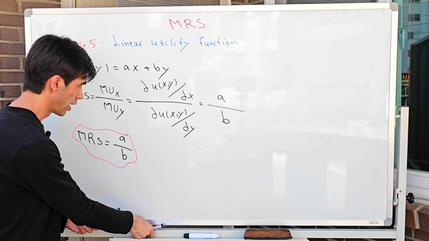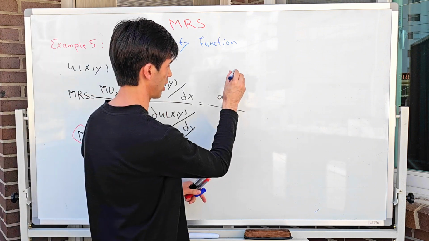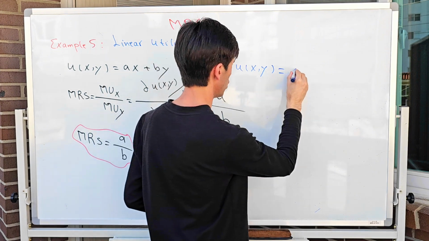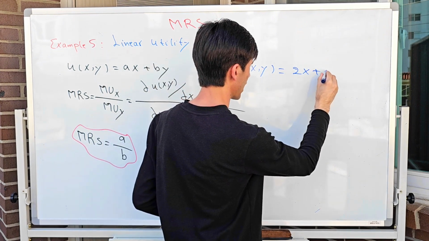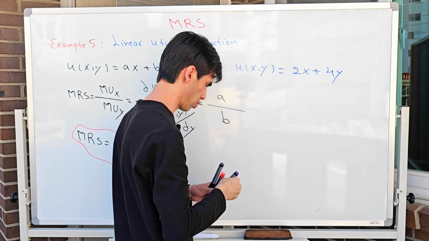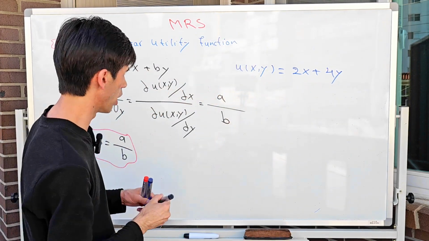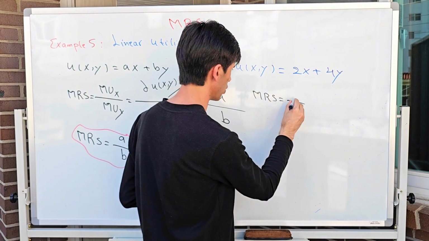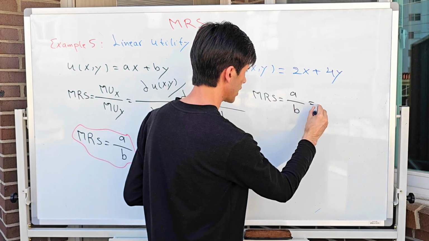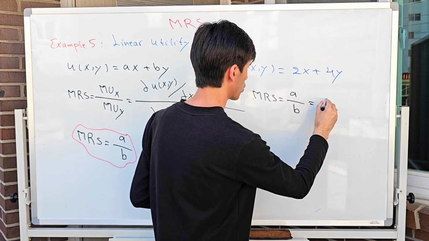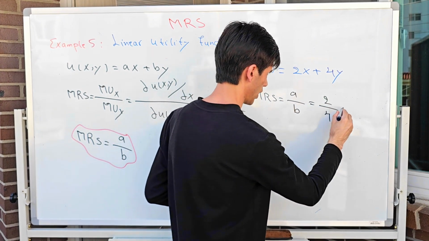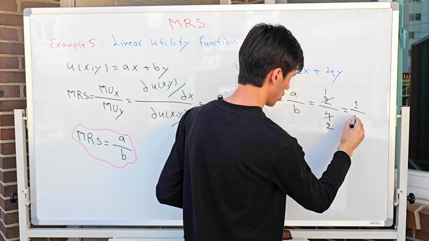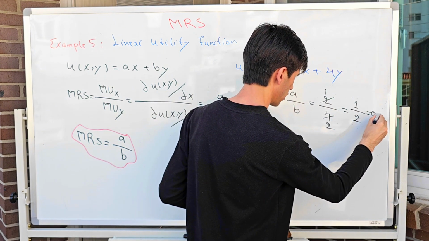For example, if we have our utility function such that u(x,y) is equal to 2x plus 4y. Based on this formula, where the marginal rate of substitution is equal to a divided by b, it will be equal to 2 divided by 4, which is 1 over 2, or 0.5.